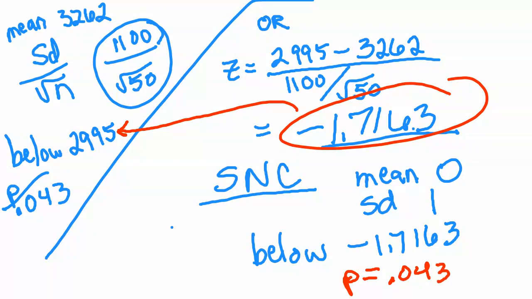So there's two ways to do the z problem. Just like with confidence intervals, it was the same thing. Okay, so this was the 155.563.